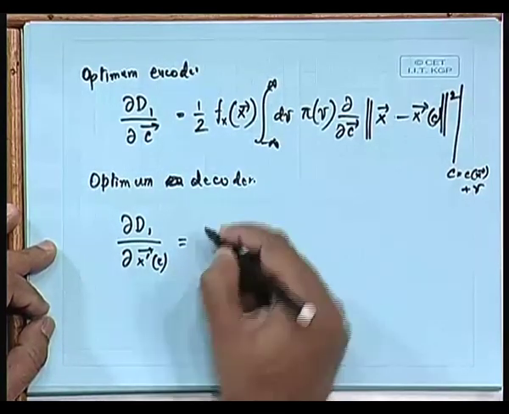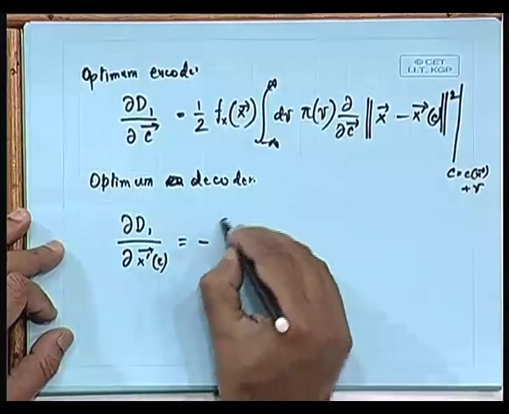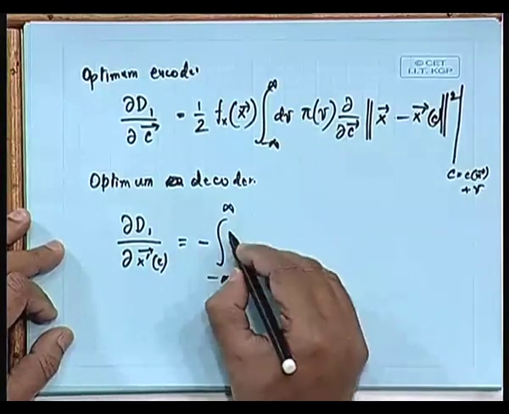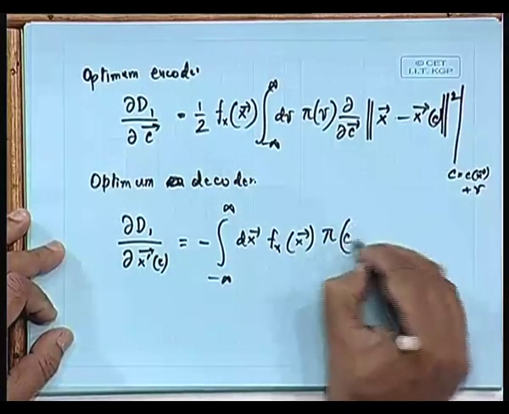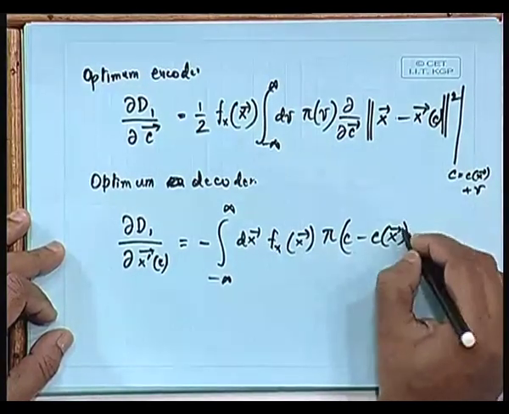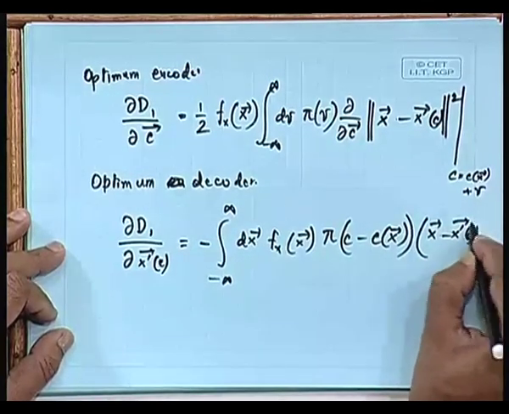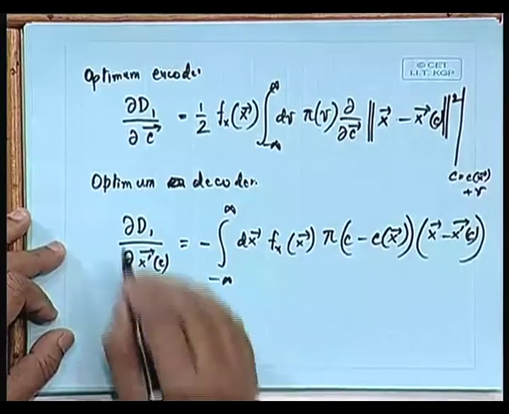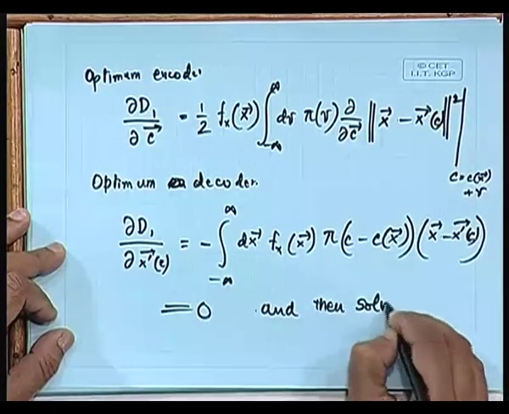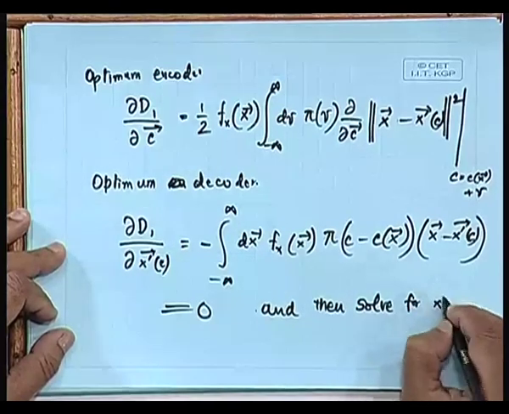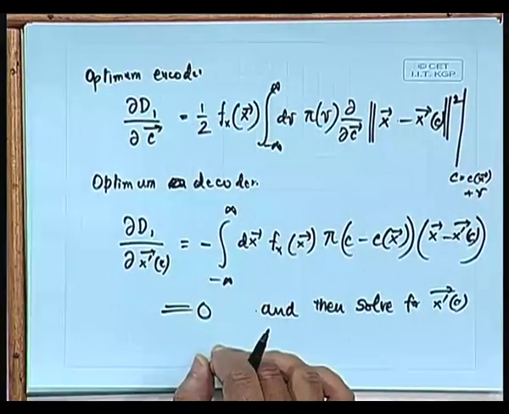So, the ∂D1/∂x prime C expression is again evaluated from this integral expression itself, and is equal to minus the integral from minus infinity to plus infinity dx f_X(x) π(C minus C(x) vector), multiplied by x minus x prime C. So, what we have to do is to set this thing to 0 and then solve for x prime C. So, we have to first solve for the encoder and then solve for the decoder.